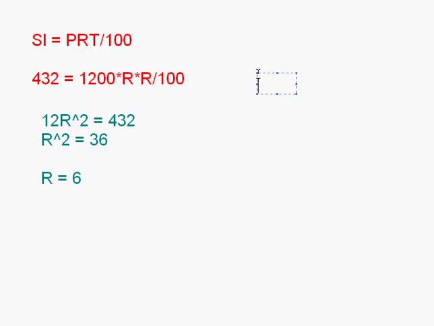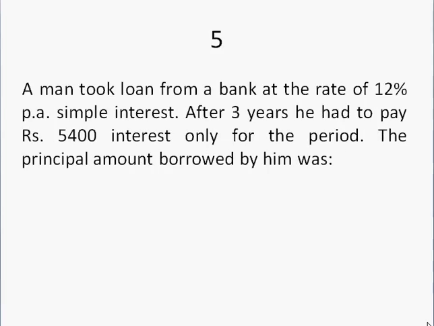In the question it is given that R is equal to T, right? Because R is equal to T, we can easily write the formula for simple interest as P R square upon 100. So 432 will be 1200 R square upon 100. If you try to solve it, you will get the value of R square as 36. So R will be 6. Okay, now we'll move to the next question.